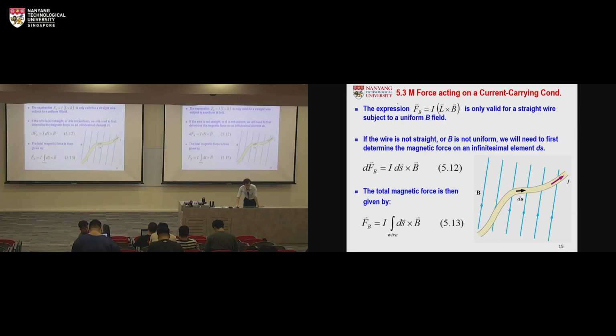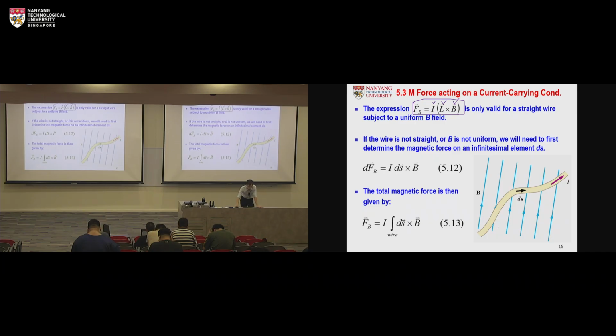Of course, this basic formula is only valid when everything is uniform: constant I, constant B, and constant L. Only when these three are all constant can you apply it directly to get this F_B. If any one of them is not, then we will come back to this idea of integration.